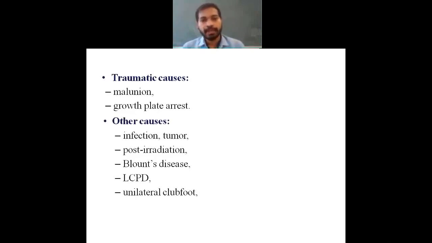Then growth plate arrest. What do you mean by growth plate? Have you read the long bones? Growth plate, growing end of the bone. In long bones, the classification you might have read: one is called epiphysis, another diaphysis. Have you read epiphysis, diaphysis?